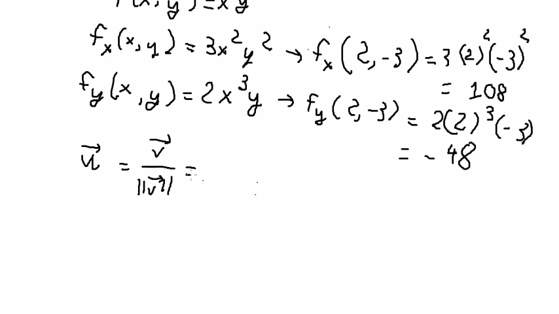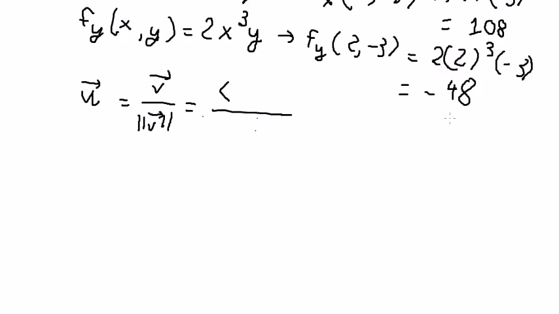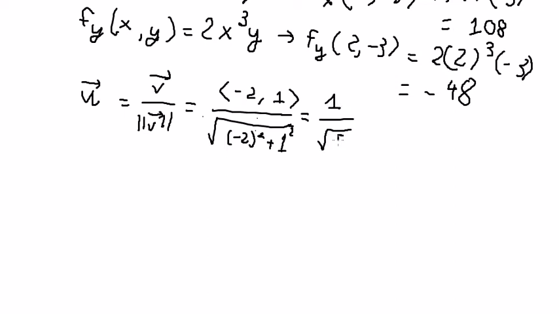So we got this one is about negative 2 and 1. This one we got about the square root of negative 2 squared and 1 squared. So you got about 1 over the square root of 5, and we have negative 2 and 1 in here.